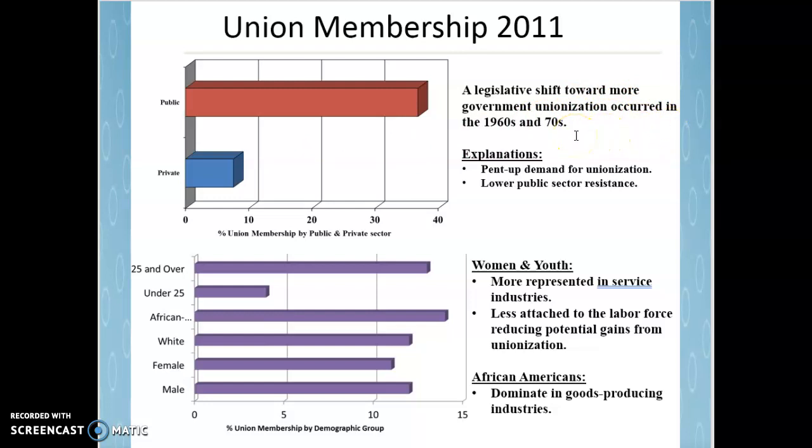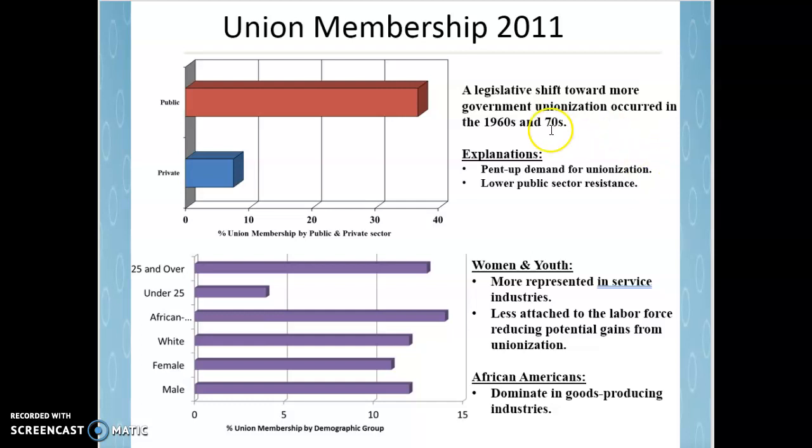And the theory here is that there was pent-up demand for unionization and the government didn't resist. I mean, it's almost like you had for decades, starting with the early 20th century, all this unionization occurring in private industry. And the government was laying a platform for that private sector unionization to occur.